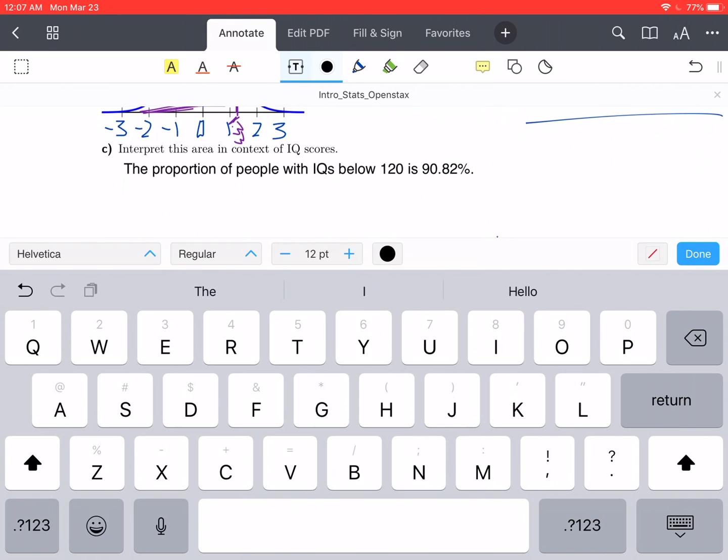Which would hopefully make some sense, because when we're looking at such a high IQ, it makes sense that most people would have an IQ below 120.